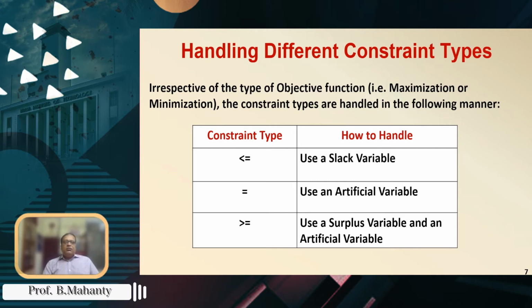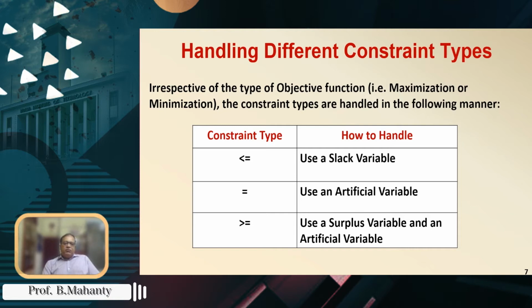That means 1, 0, 0; 0, 1, 0; and 0, 0, 1 for a 3 by 3 problem matrix. Now, when you have less than or equal to, if you add a slack variable along with the constraint, automatically the slack variable coefficient is 1. So different constraint equations get different slack variables to make them equalities in the augmented problem.